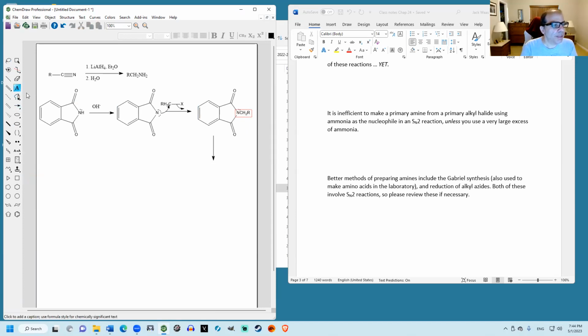And then, last but not least, the third step is hydroxide again. I really should have numbered these steps.